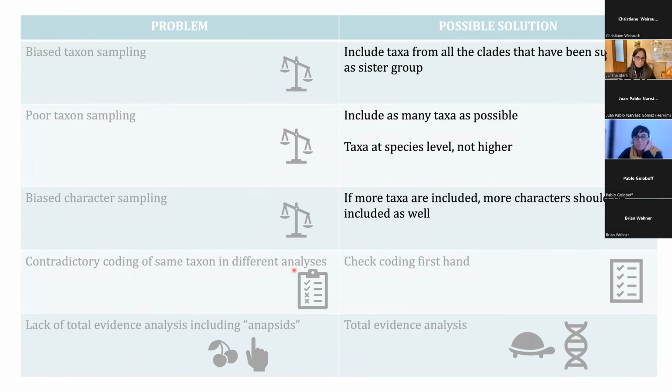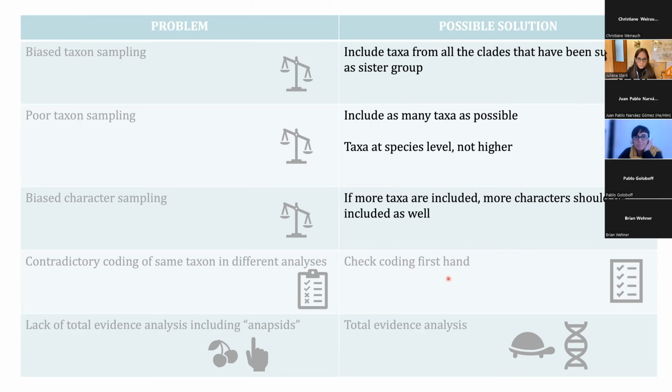We need to check all the characters, because there are duplicate characters, there are characters that are not quite similar between different phylogenies, characters with more states in one phylogeny than in another. So we need to do that first.